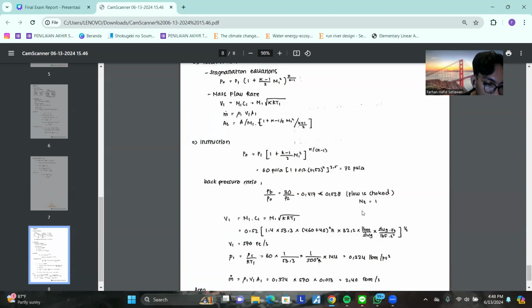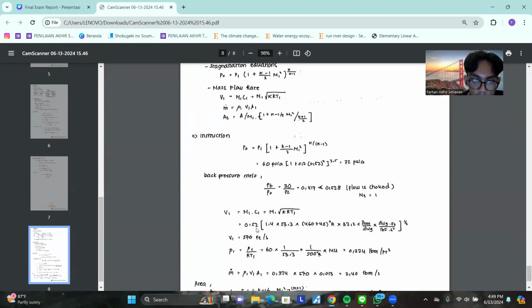Okay, so the mass flow rate may be found for these conditions. Substitute for M1 and C1.